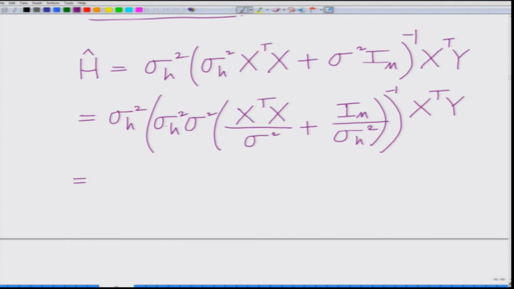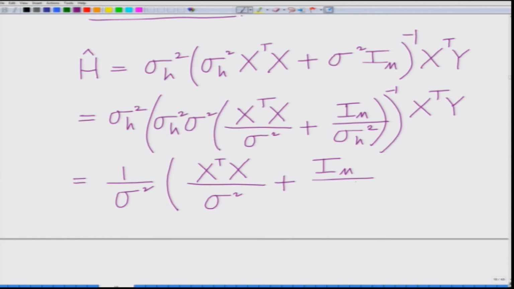So I have sigma h square divided by sigma h square into sigma square, which becomes 1 by sigma square, times X transpose X divided by sigma square plus I M divided by sigma h square, inverse, times X transpose Y.